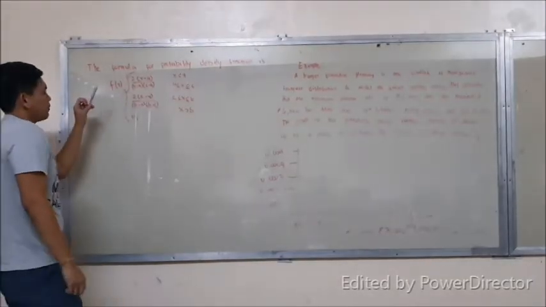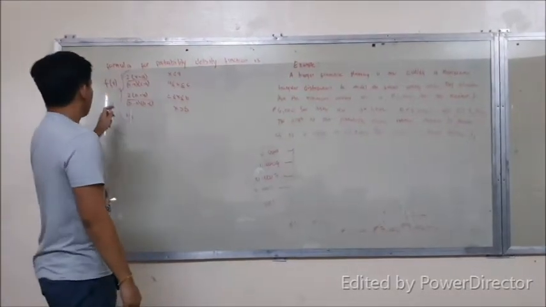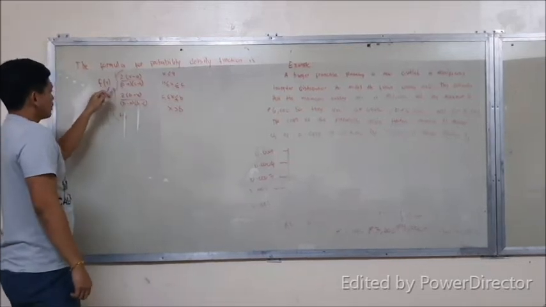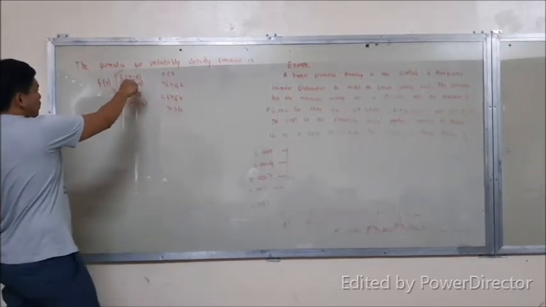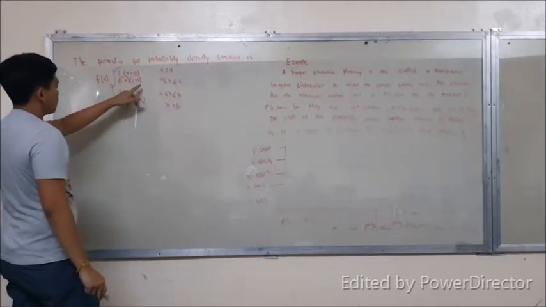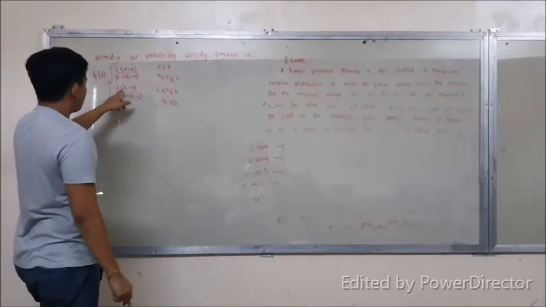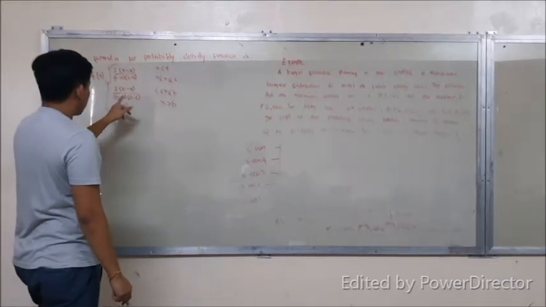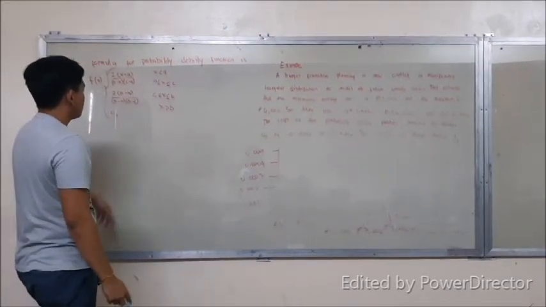The formula of the probability density function is f(x) equals 2 times (x minus a) over (b minus a)(c minus a), and 2 times (b minus x) over (b minus a)(b minus c).